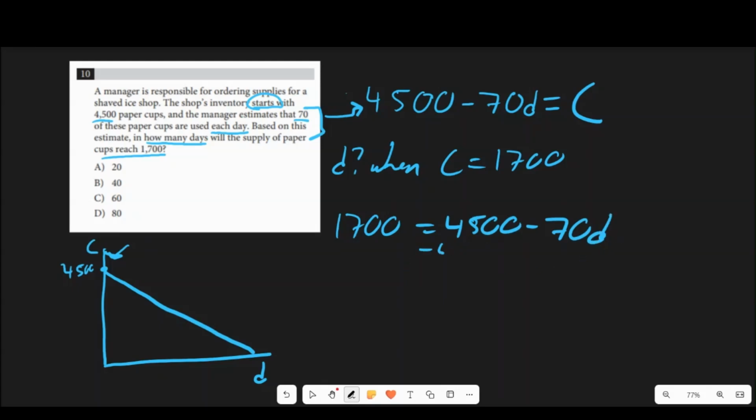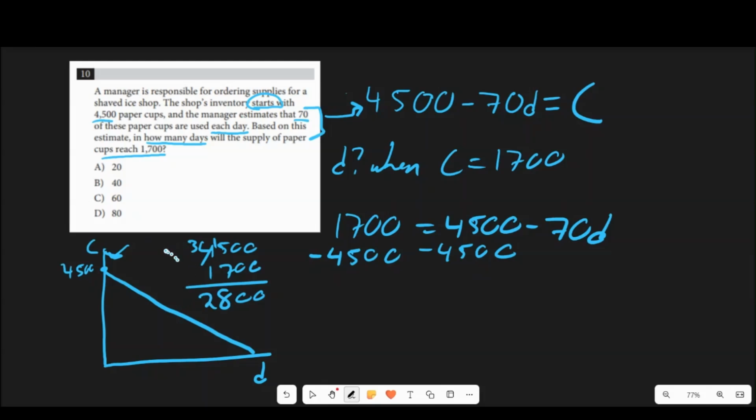So let's do minus 4,500 on both sides. Then we are going to be left with some number. Let's do 4,500 minus 1,700, and that's going to be 2,800.